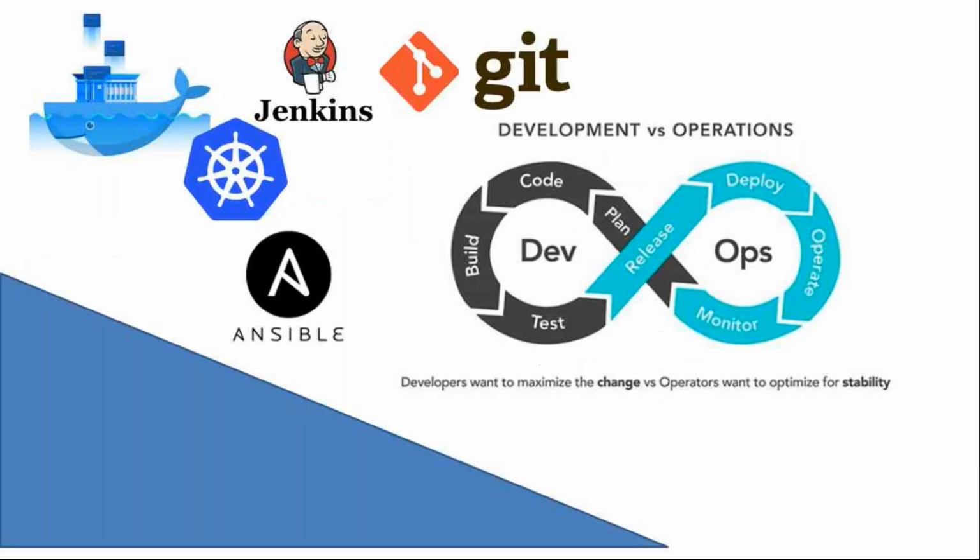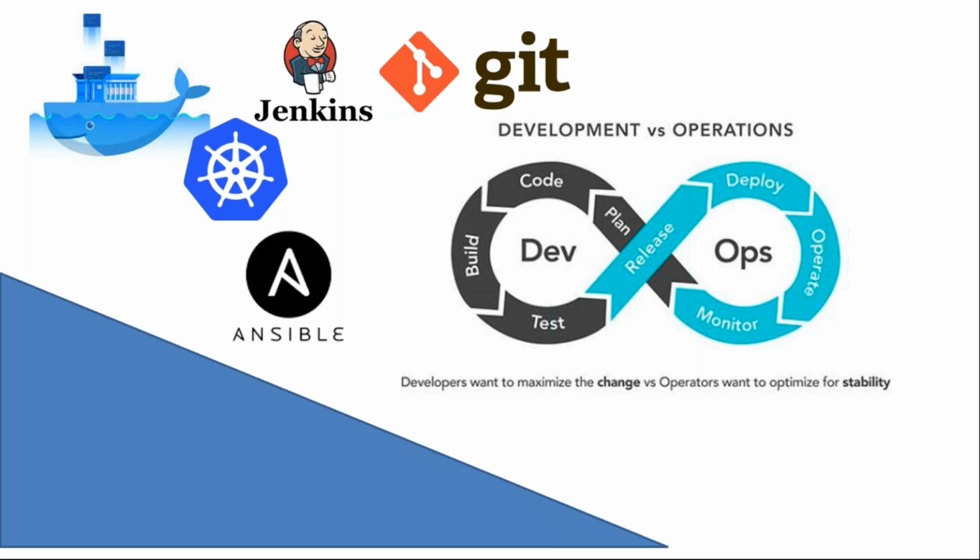Okay, for today's demo, whenever you look at the DevOps icon, it is a big infinity symbol. That infinity symbol indicates that it is a continuous process. It starts from the left side and goes on towards the right side.